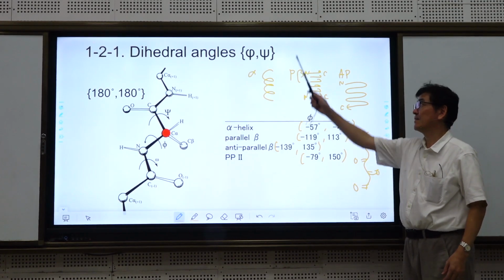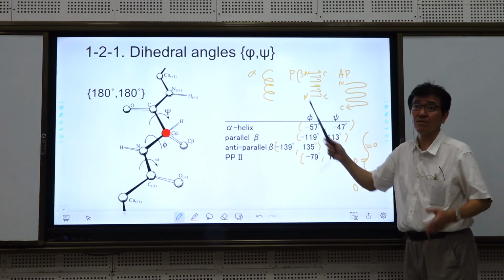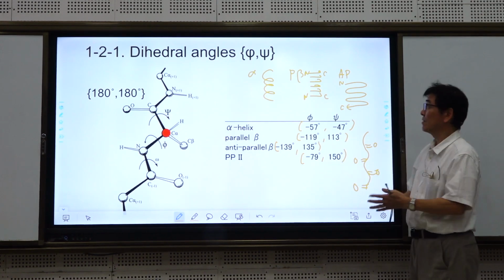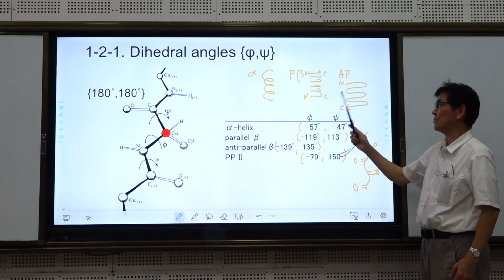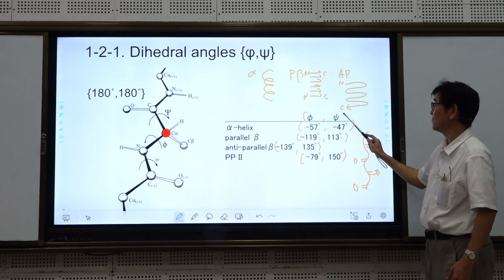So we know at a glance the structure is different, but this is not convenient to deliver the information to someone else. So it's convenient to describe the structure by using the dihedral angle.